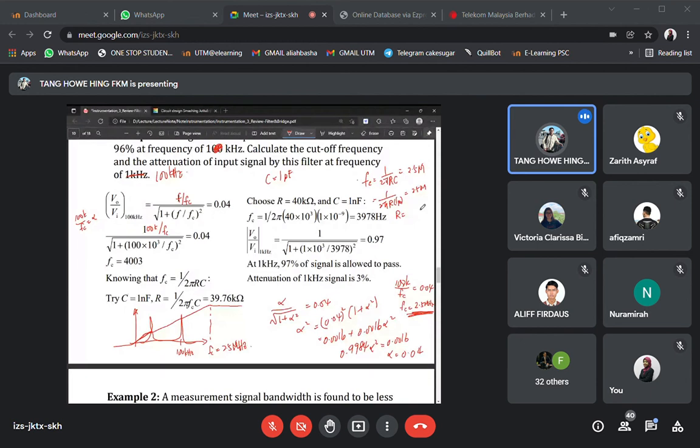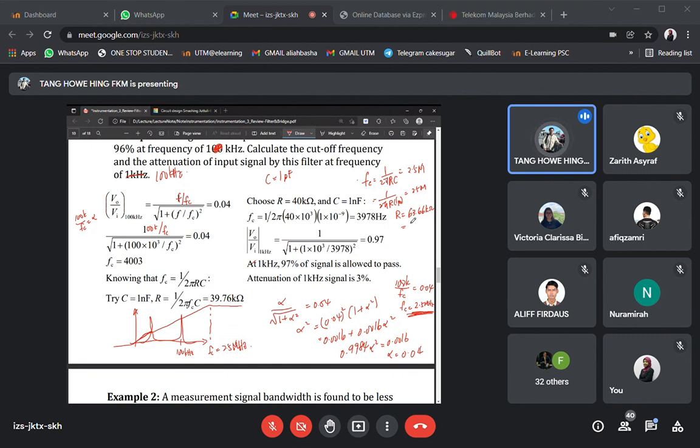From the calculation, it is equivalent to 63.66 kilo ohm. Okay, so this one is already within the range.